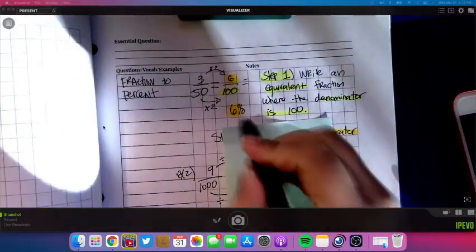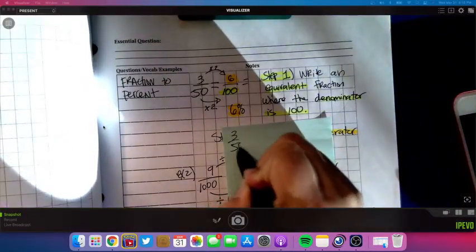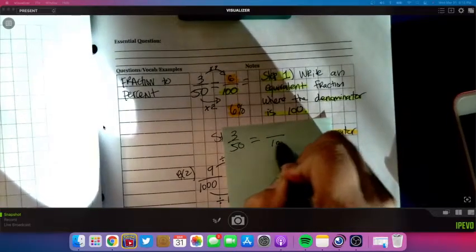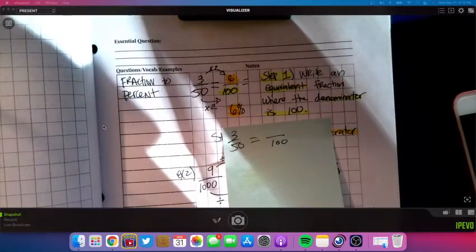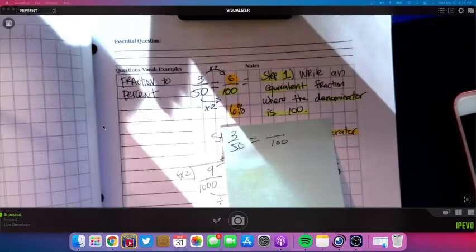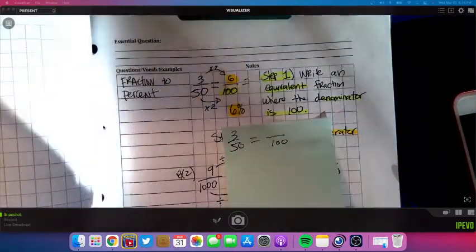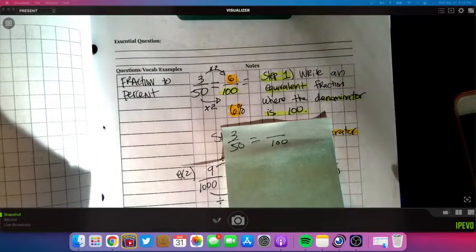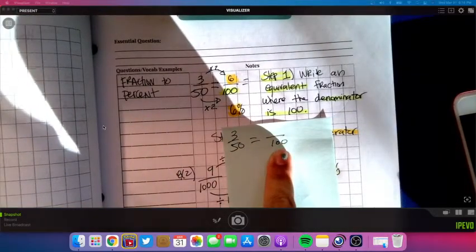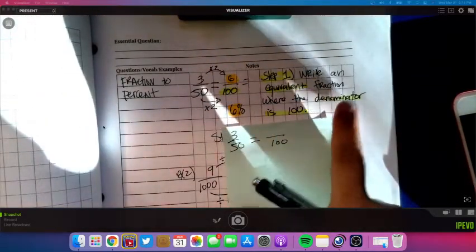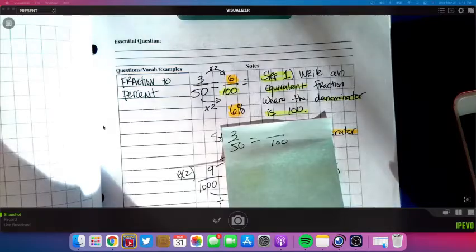What I did was 3 over 50 equals blank over 100, because that's what equivalent means. Equivalent means equal to, the same as. So we need to write an equivalent fraction where the denominator is 100.